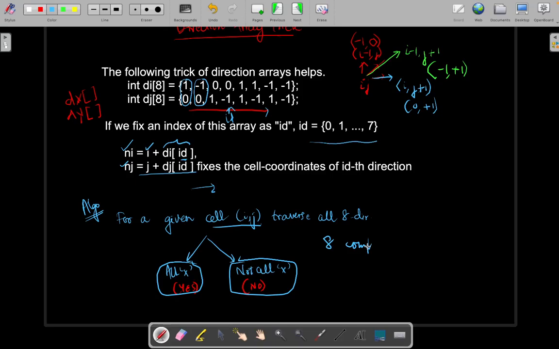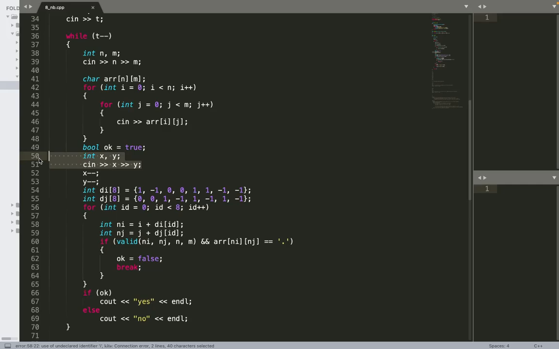So let's go over the code. First we will take the input of n and m. We make a character array. We take the input, and this OK variable will tell me for the given x y, the cell of interest, whether all the eight neighbors contain x or not.